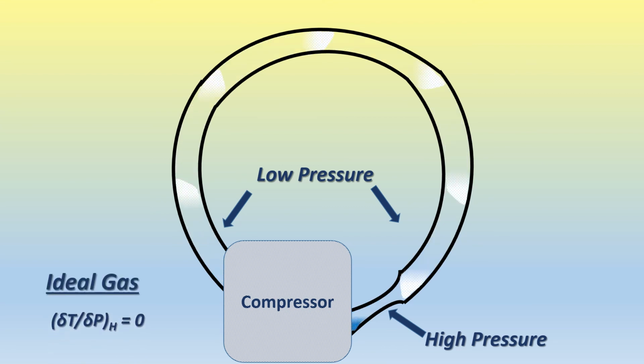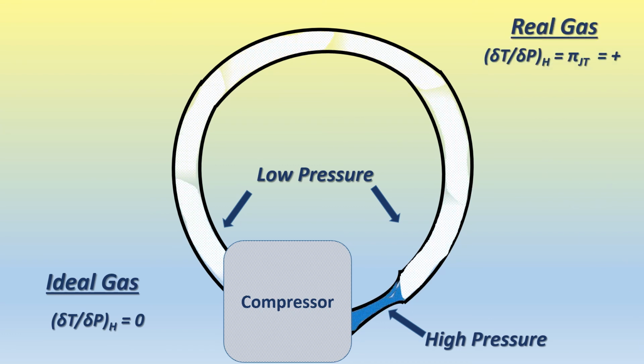For an ideal gas, the change in temperature with the change in pressure, at constant enthalpy, is going to be zero. However, for a real gas, the change in temperature with respect to pressure at a constant enthalpy is the Joule-Thomson coefficient, which is positive.